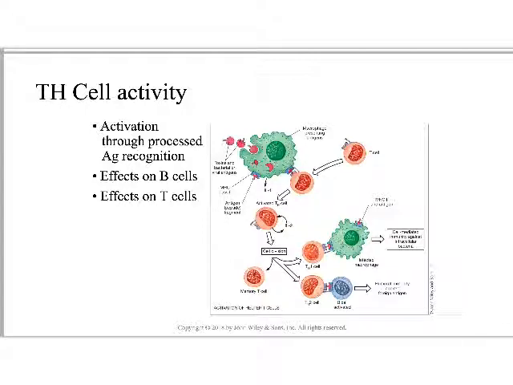If we look at this picture, and this is actually in your book on page 488 if you have the 10th edition. Here's a macrophage, so it's an antigen presenting cell, and it engulfs some sort of antigen, and presents it in this MHC class 2 marker.